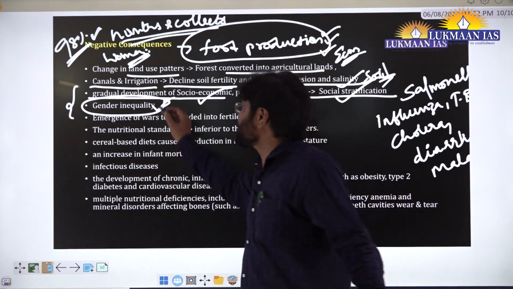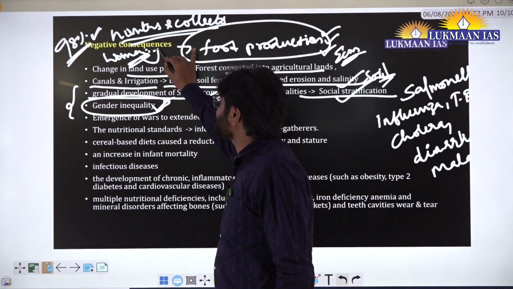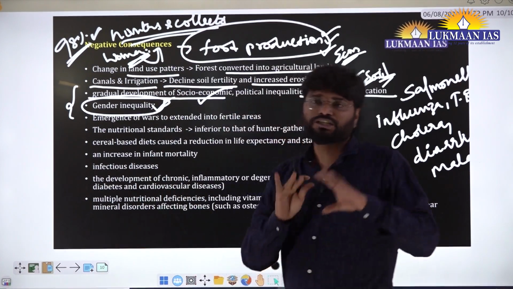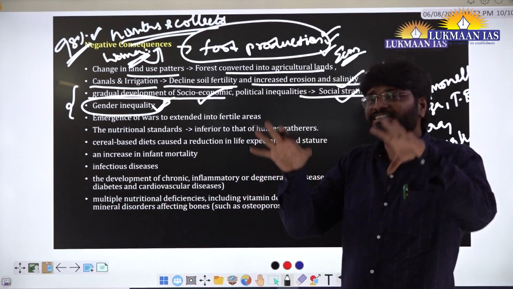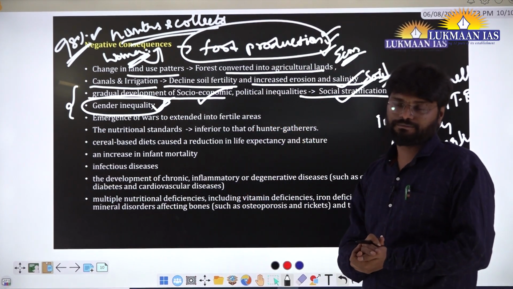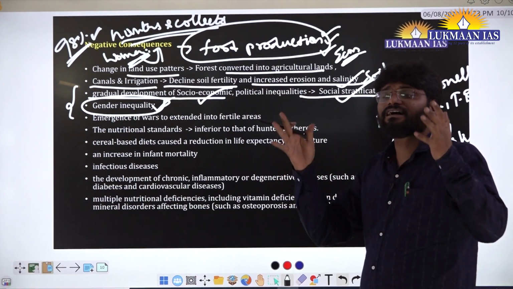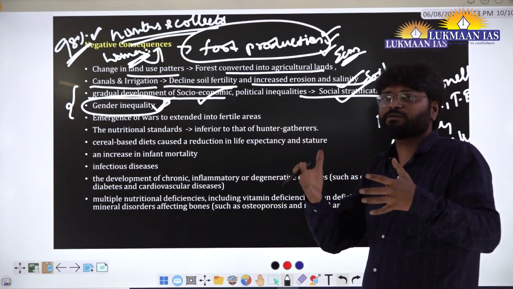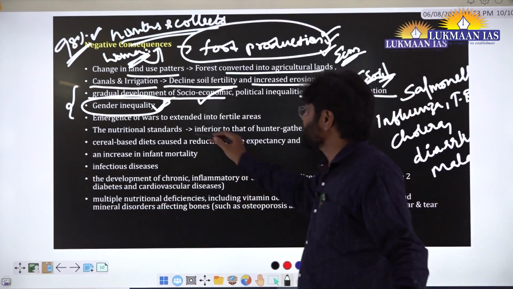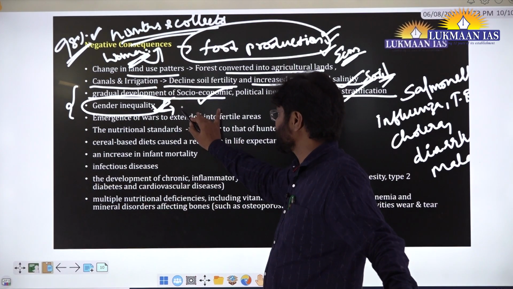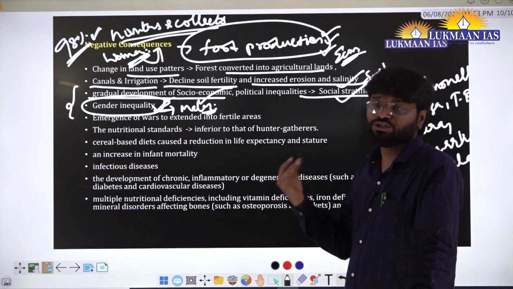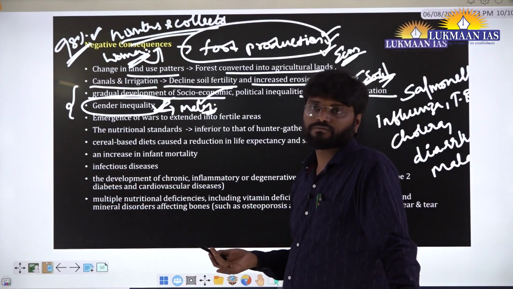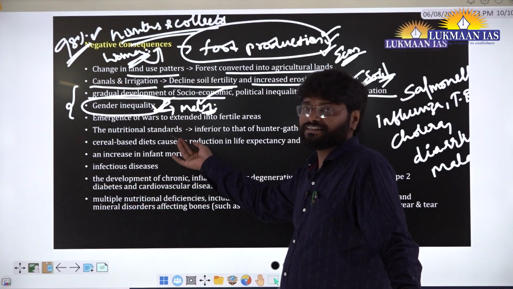That means the dependency of female on male was very minimal during hunting and gathering. But once that subsistence changed into agrarian, the men's contribution became more and women's contribution less. That led to the dependency of female over male. The direct consequence is reducing their status. So this is gender inequality.